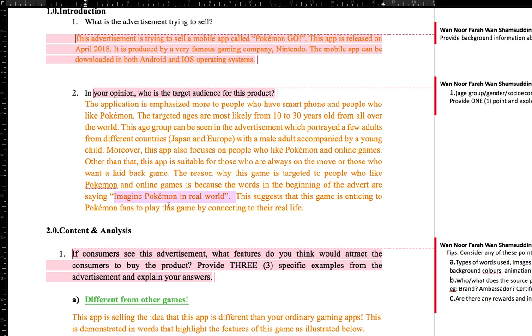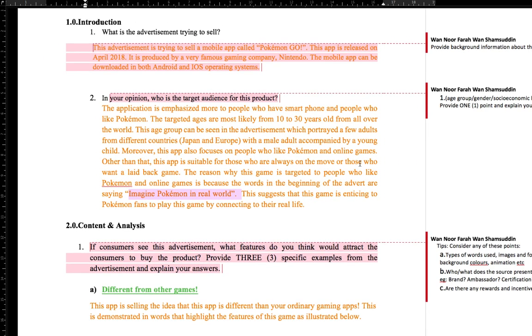So it suggests that this game is trying to lure out, trying to direct the attention of people who like Pokemon and try to connect Pokemon characters in their real life. So that is why I feel like these are the target audience for this product. Remember, for each point, do not forget to give explanation on why you think this is the case. Okay?